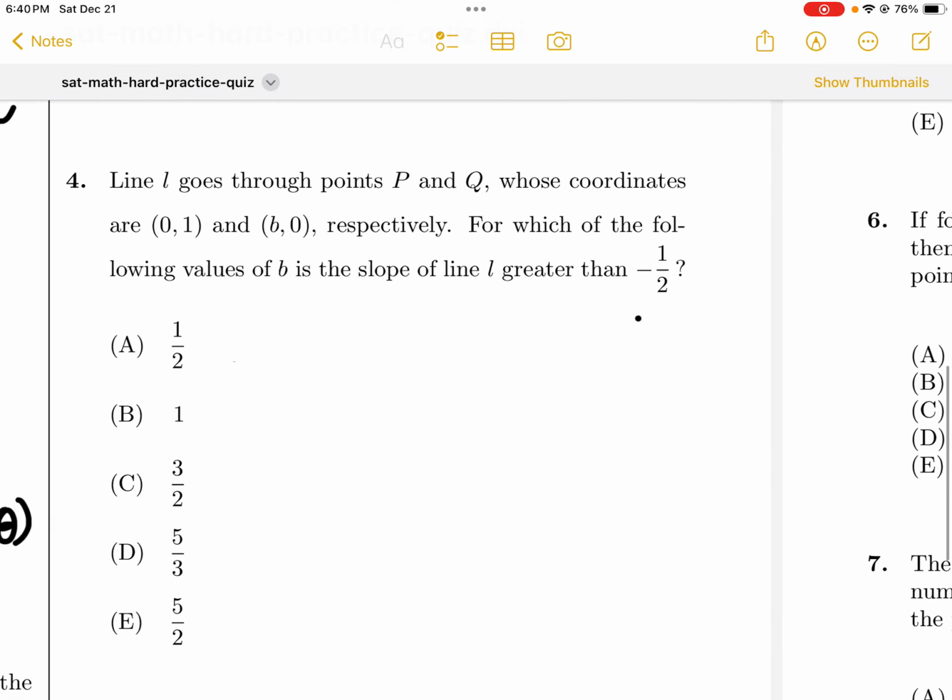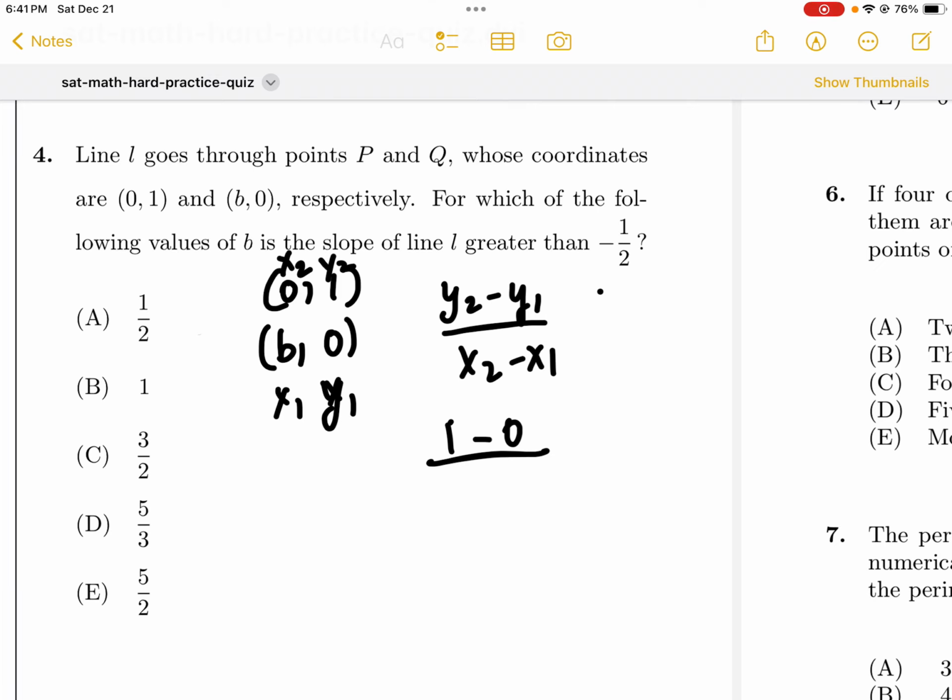And then the second point here is x2, y2. Now our slope formula is y2 minus y1 over x2 minus x1. Well, let's just plug it in. So we get y2 minus y1, which is 1 minus 0, and x2 minus x1, which is 0 minus b. And this is just negative 1 over b.